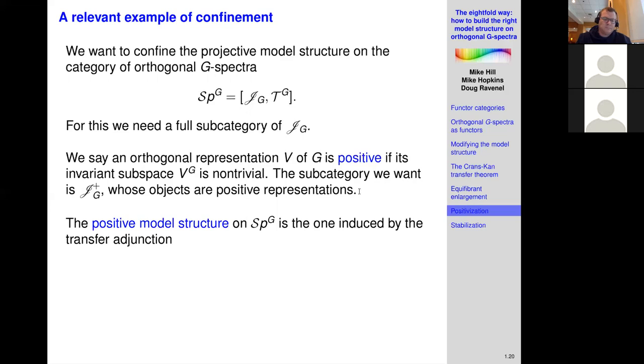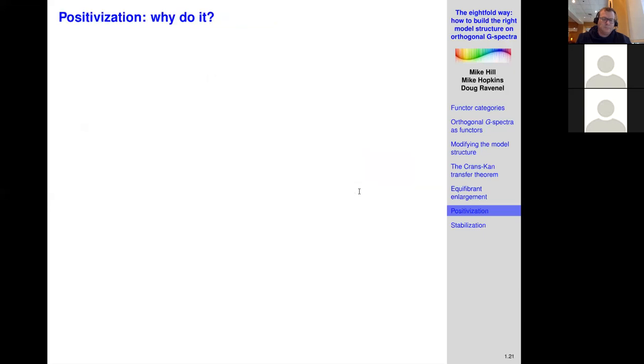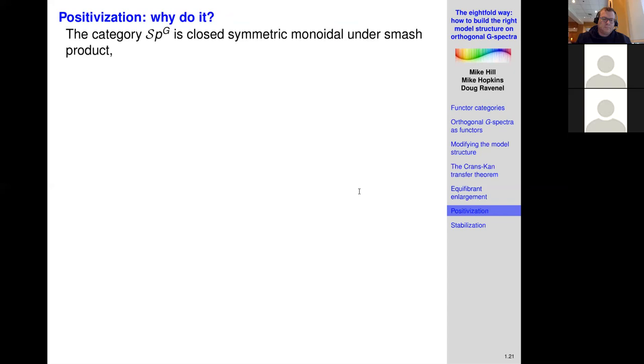So the positive model structure on SP^G is the one that's induced by this transfer adjunction. So the subcategory of interest here is the subcategory of positive representations. So I'm going to call this construction positivization. Now, why do we want to do it?